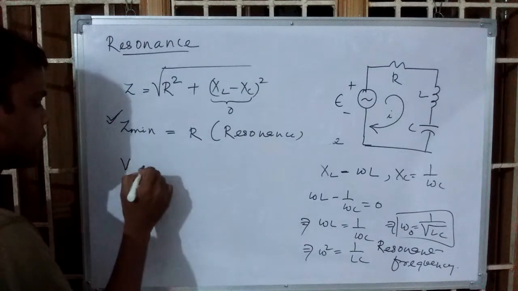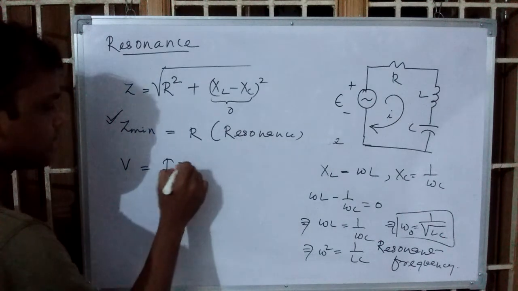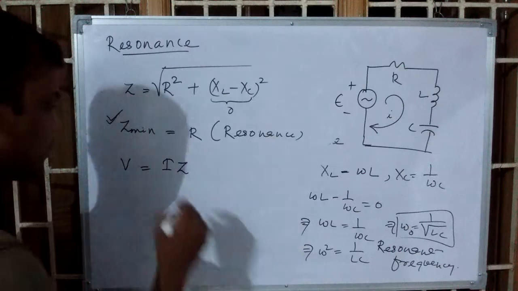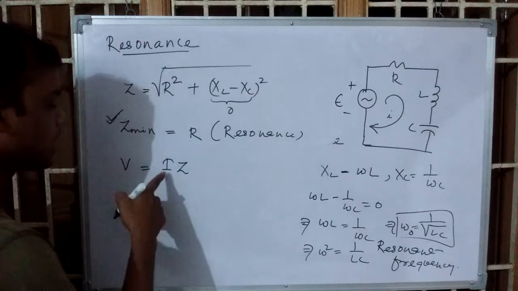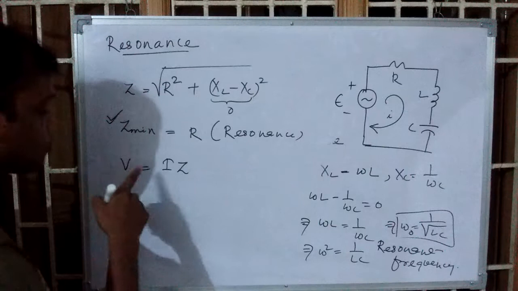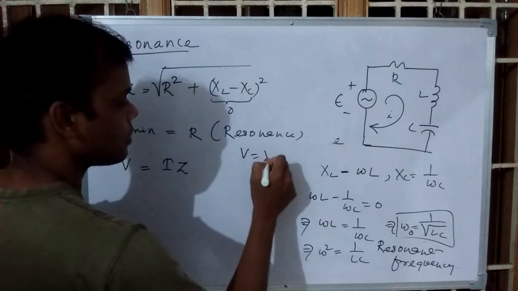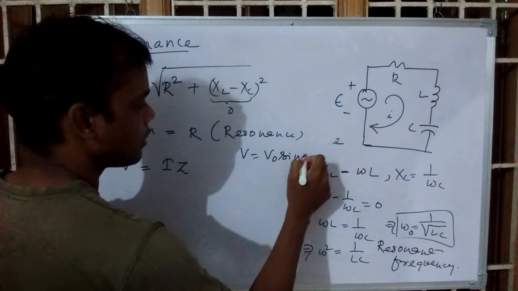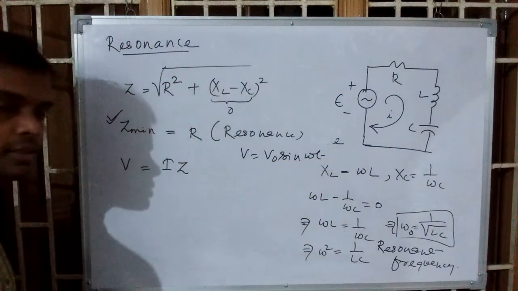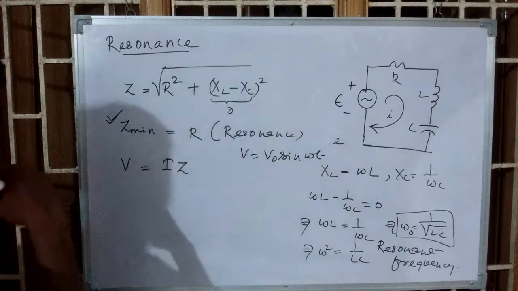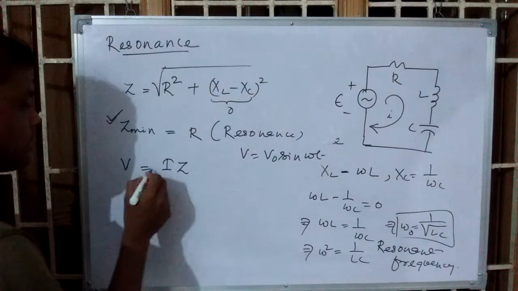Now we already know that V is equal to I into Z. Now if Z becomes minimum, then I has to be maximum, so that V is constant, because voltage V is equal to V naught sin omega t, which is the outside voltage. That's why V is equal to IZ.